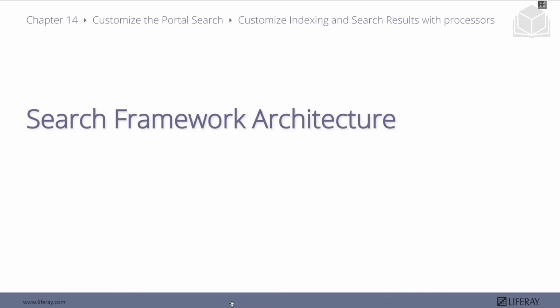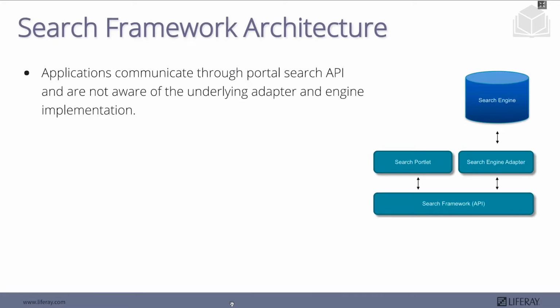With all of that being said, let's take a look at the interiors of Liferay's search framework. Liferay itself has a search API that's used to do all of your common, classic search things, right? The search API is called upon within the search application or the search portlet.